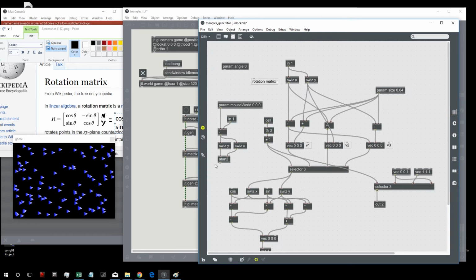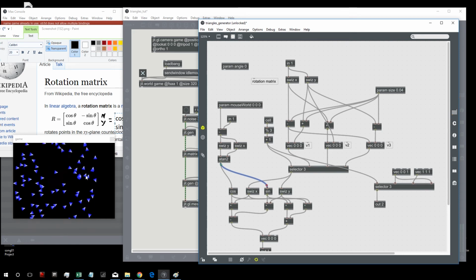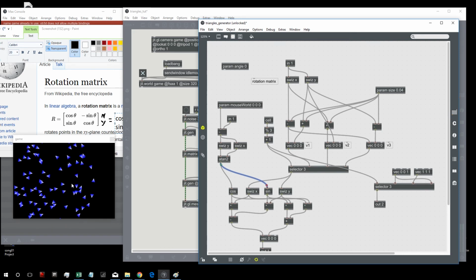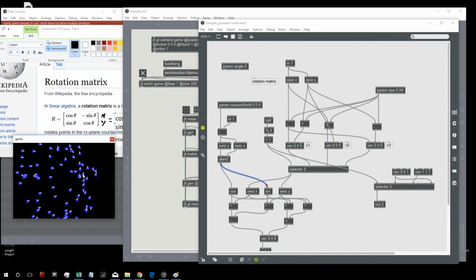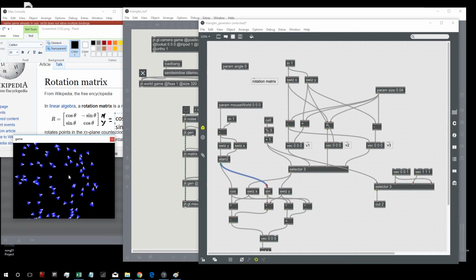Okay, so if we use this angle inside this calculation, we see that something weird is happening. Why are they rotating in this weird way? Because these triangles are not rotating around their center.